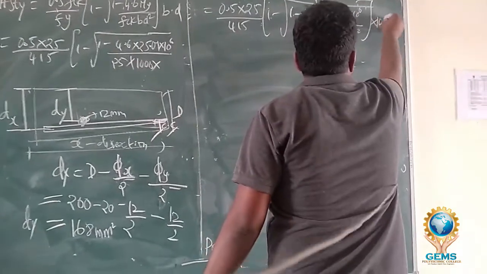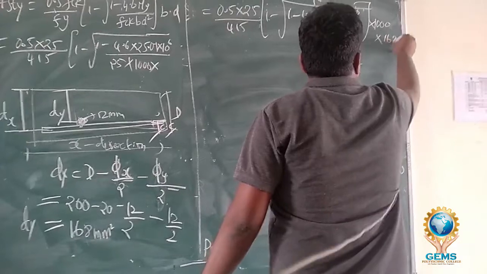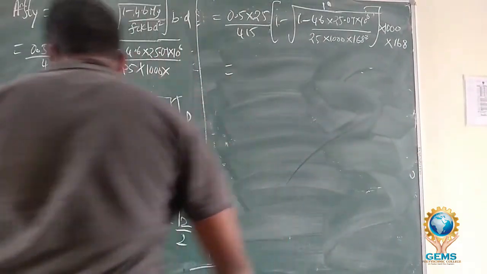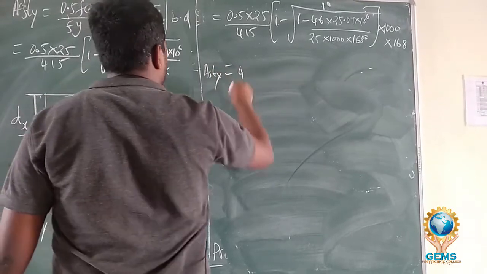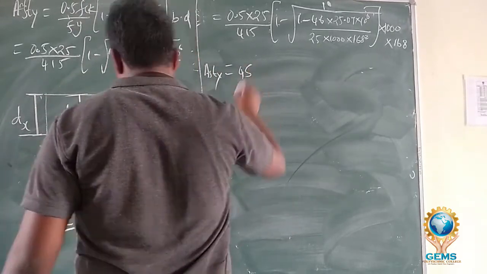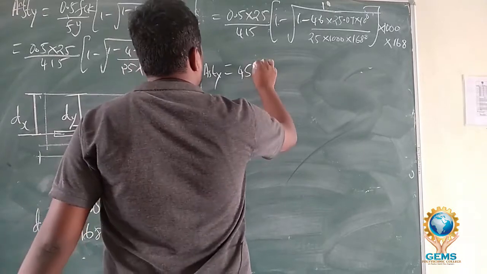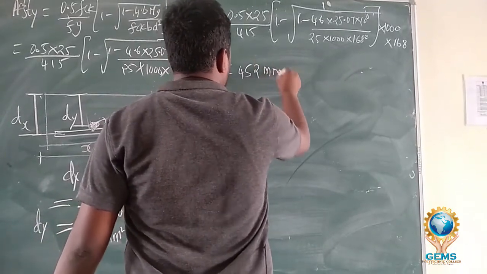Your answer will be ASP y is equal to 452 mm square. Okay.